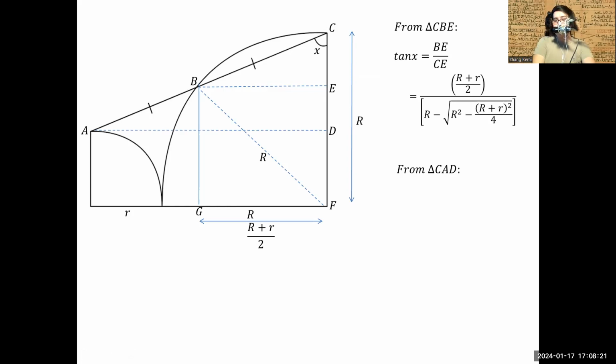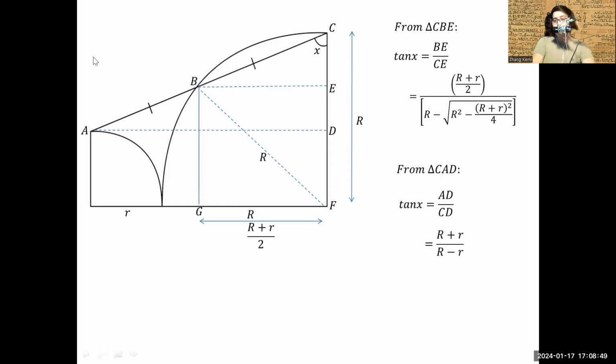So from triangle CAD, now we are looking at triangle CAD, this big triangle. In this big triangle, we can also see that it shares a common angle, the angle X. So we can say that the tangent of the angle X is also equal to AD over CD. CD is this length, AD is this huge length, the opposite over the adjacent side.